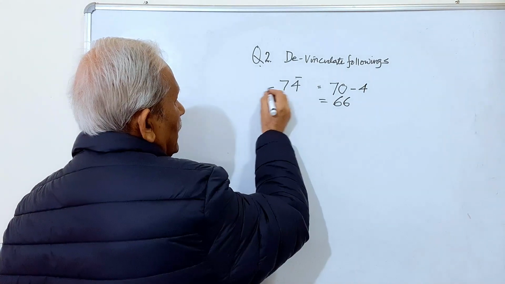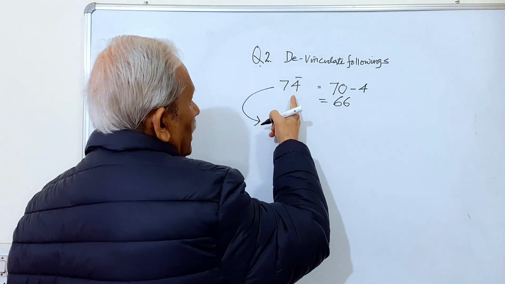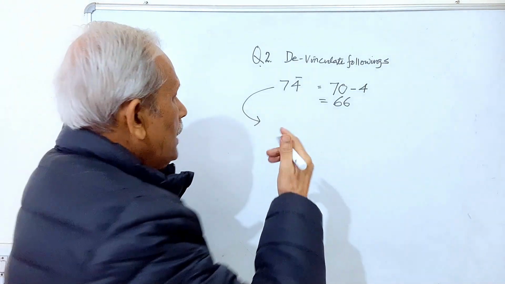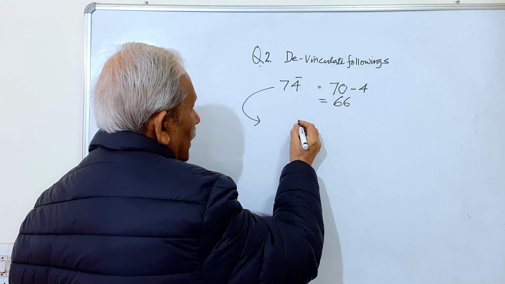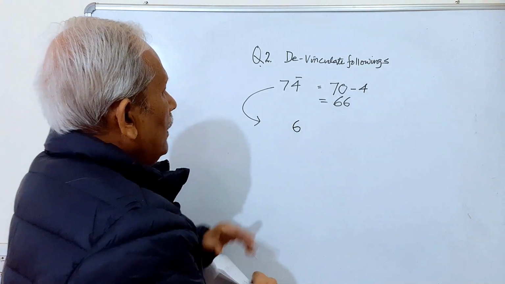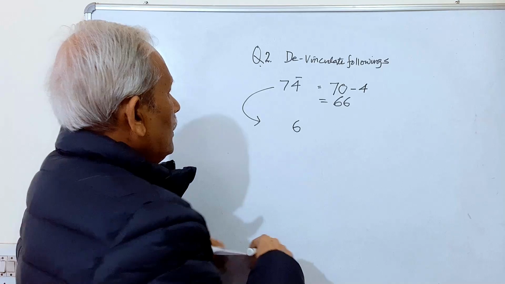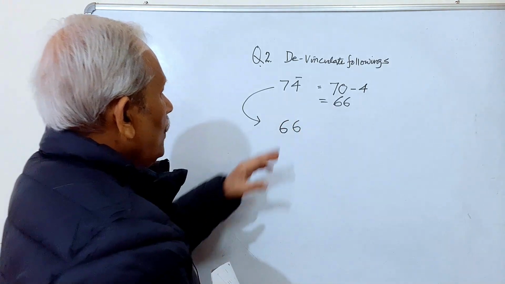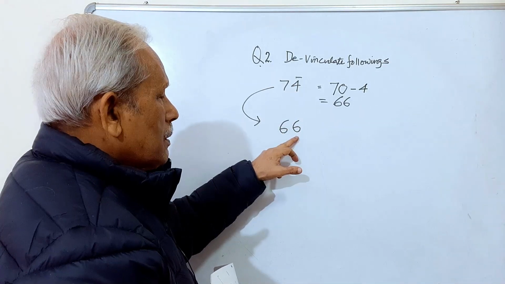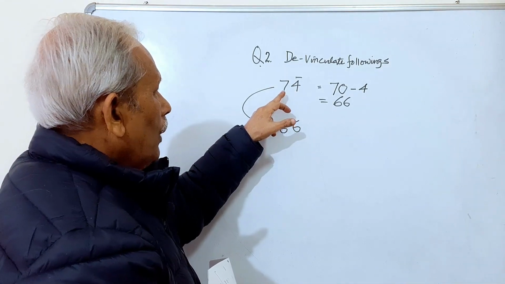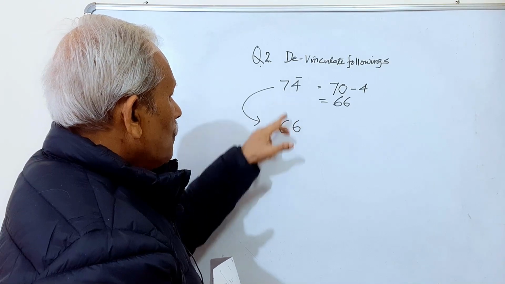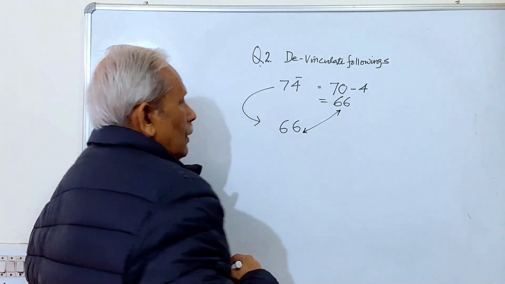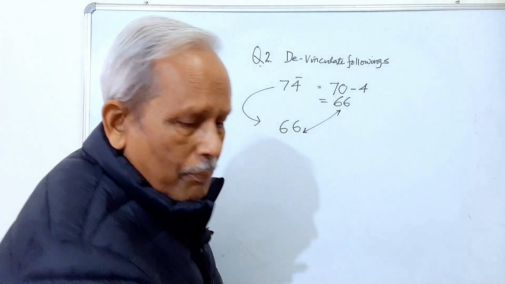But the process is this: subtract this bar number from 10, because this is the first number, and that makes 6, and reduce the left number by 1. 7 minus 1 is 6. So the normal number is 66. So this is the process of devinculation.